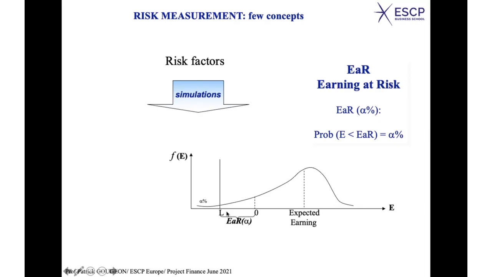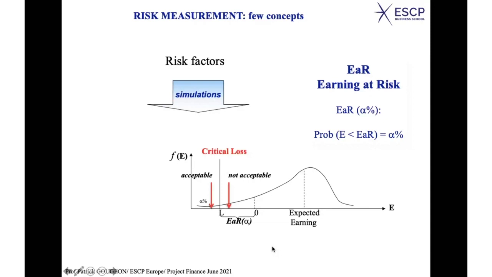And then you have different situations. If your critical loss is there, the first red arrow, you see that it is not acceptable. Why? Because if your critical limit is there, it means that the probability of earning below that line is higher than alpha%. So it's not acceptable. So it's exactly the same approach.